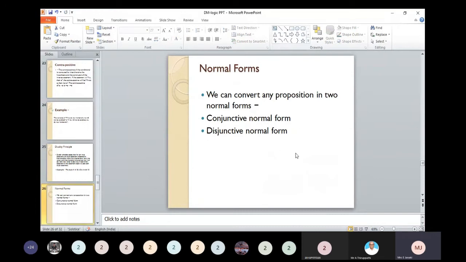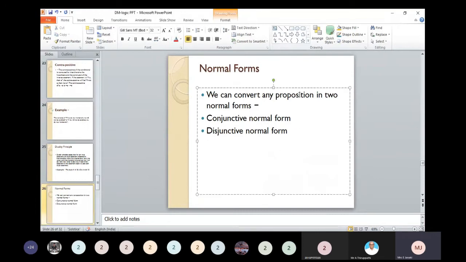And we have the two normal forms. For propositional topics, we have two normal forms. One is conjunctive normal form and the second one is disjunctive normal form. We can expand these as principal disjunctive normal form and principal conjunctive normal form. The notation is PDNF and PCNF.